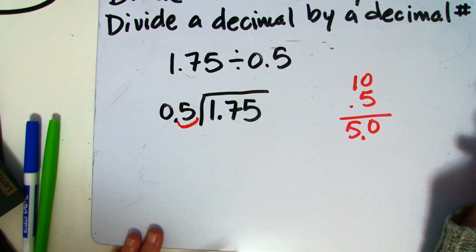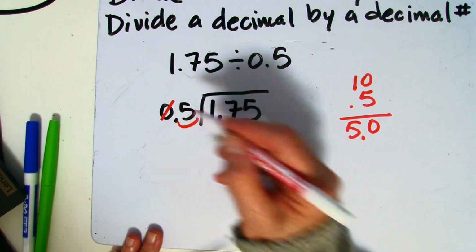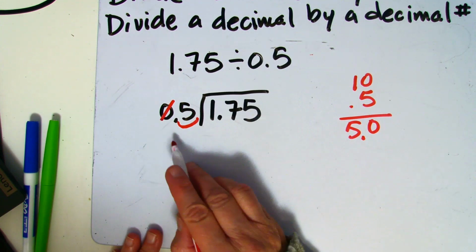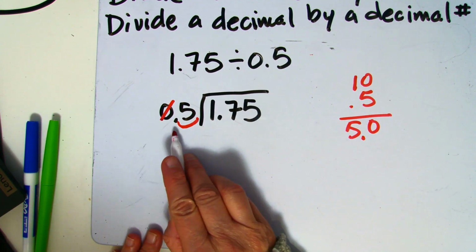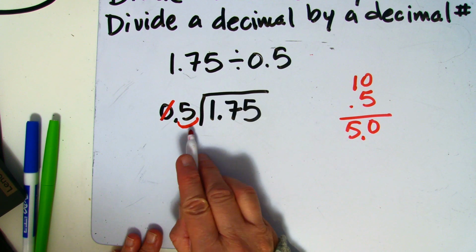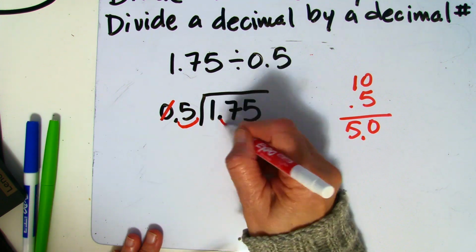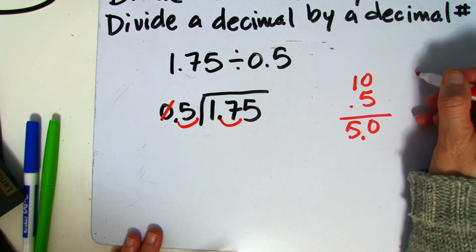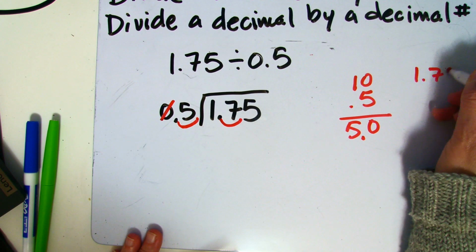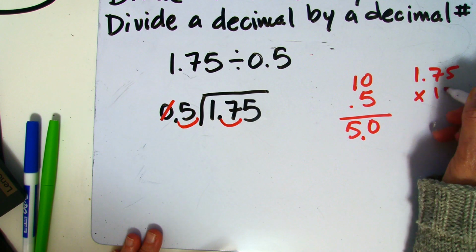And so I get 5. So I can cross out this 0. Now, because I moved the decimal point over 1 space to the right, I want to do the same thing with the decimal point in the dividend. That's essentially me saying 1 75/100 times 10.